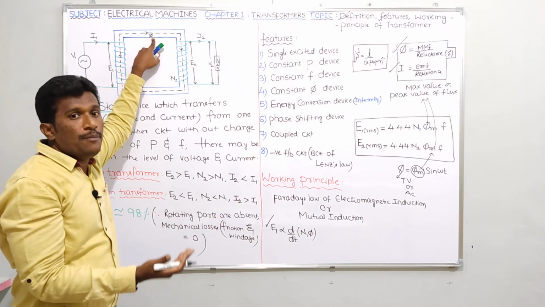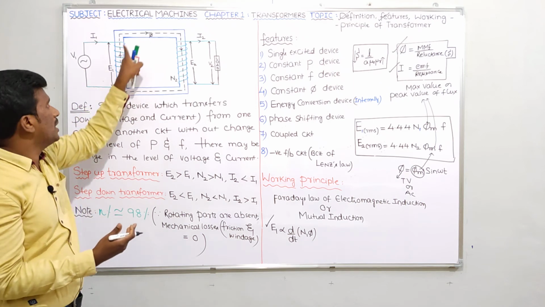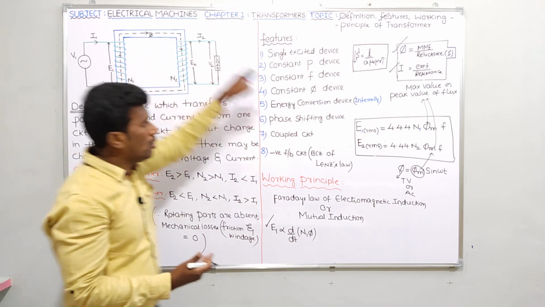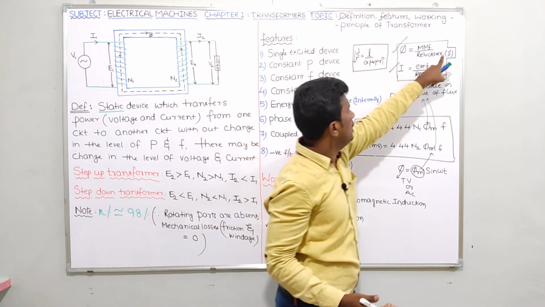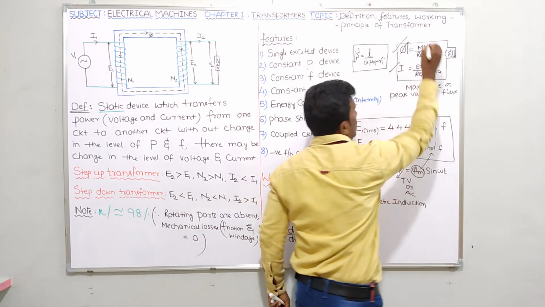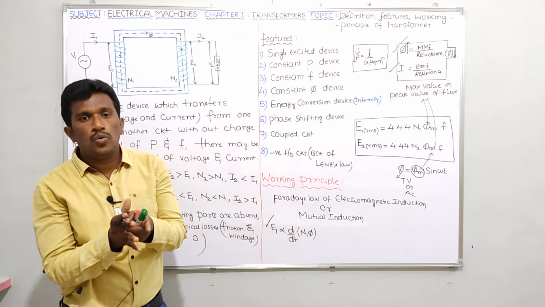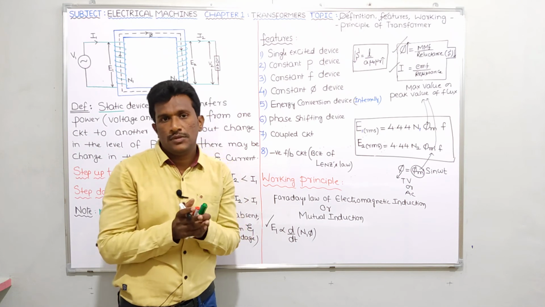Permeability is the ability to allow flux from primary side to secondary side. If it is more, then only reluctance will be less. If reluctance is less, then only flux will be more. Therefore, the transformer core should be made up of a material whose reluctance value is less and permeability value is more. Is it clear?